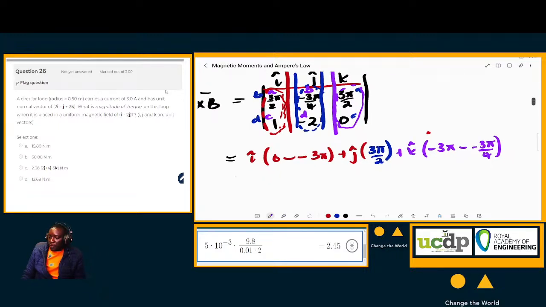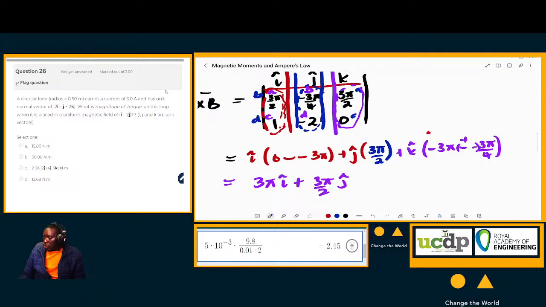We are done. So this is 3 pi i plus 3 pi over 2 j, then minus 3 pi plus 3 pi over 4. So this actually makes a plus. It gives us 2.25 pi.